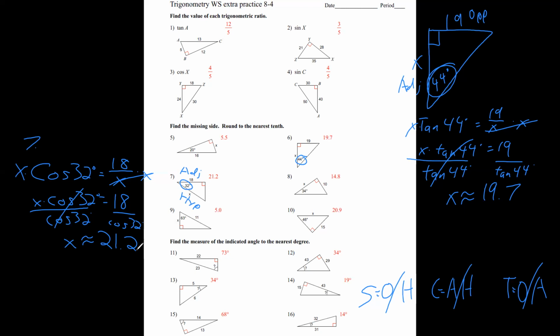Now, if you choose to round something early, so say like on here, I have 18. I like just putting that whole thing into the calculator: 18 divided by cosine of 32. Some people will do cosine of 32 first and get a decimal. If you decide to do that route, you always want to make sure you use extra decimals when you do the part of dividing. Because if I just got my answer for this and had 2 decimals, I'm not going to get the correct answer.